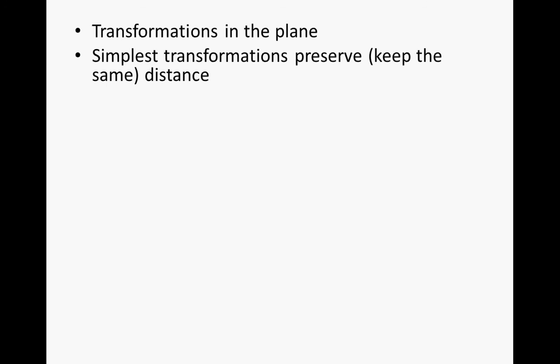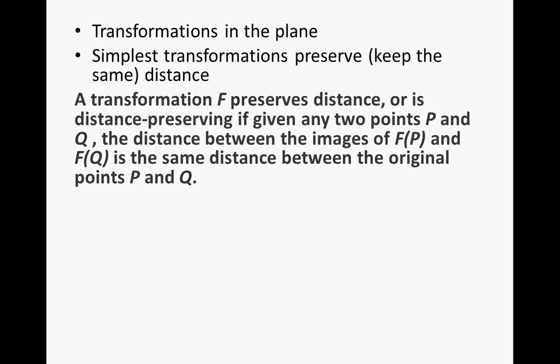But for now, we are concentrating on only the simplest transformations, namely those that preserve distance. So a transformation F preserves distance or is distance preserving if given any two points P and Q, the distance between the images F of P and F of Q is the same as the distance between the original points P and Q. And if you want to go back to that transparency example, that's what this is describing.